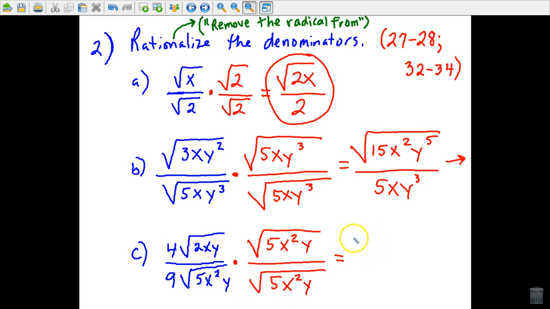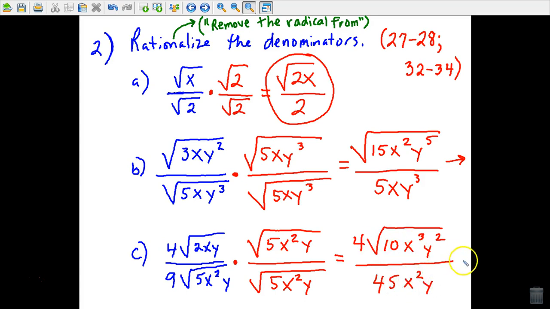So when I multiply these together, I get 4 times the square root of 10x cubed y squared. And in the denominator, remember, if you multiply the radicals together, that should give you 5x squared y. We talked about a radical times itself and what the result is. Well, just think 5x squared y times 9, and that's 45x squared y.